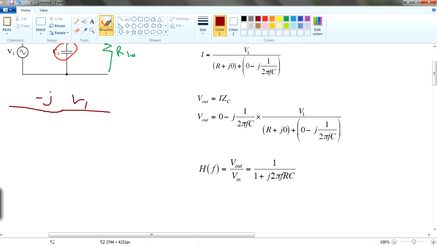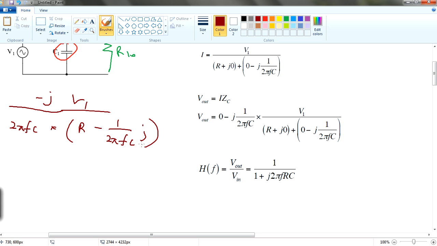The denominator is 2 pi FC multiplied by R plus the real number, which is actually R. So J0 minus, this is actually minus 1 over 2 pi FC J.